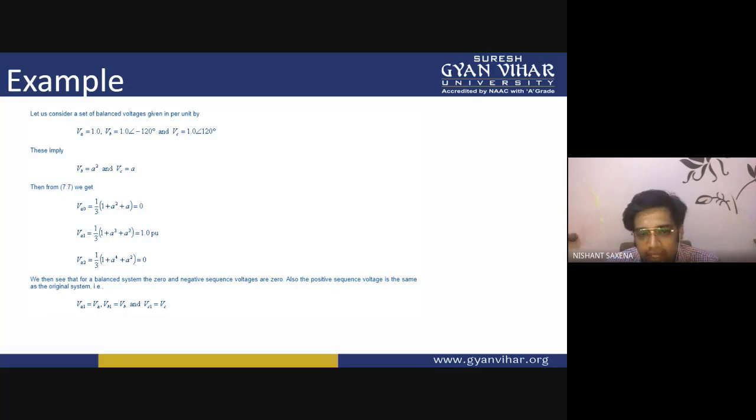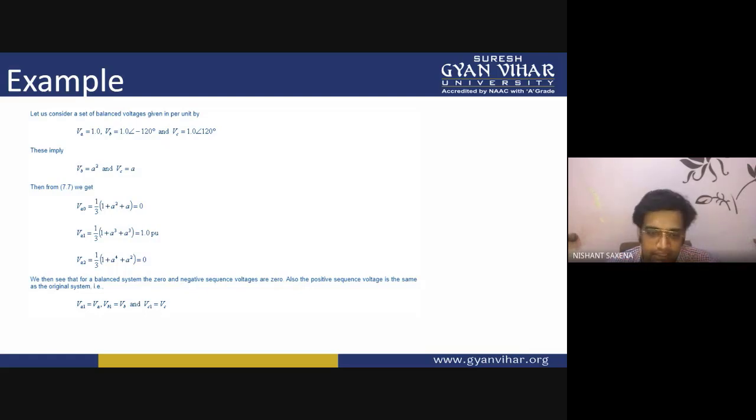Next, let's take an example. Let us consider a set of balanced voltages given in per unit, where VA is equal to 1.0, VB is equal to 1.0 angle minus 120 degrees, and VC is equal to 1.0 angle 120 degrees.